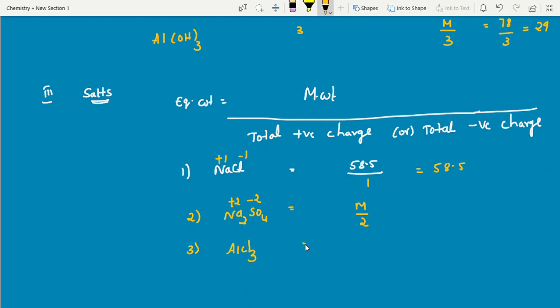Can you tell what is the answer? M by 3. That's it, students. Easily you can work out the questions. Okay. Now sodium phosphate, Na3PO4. Can you tell what is the N factor? Yes, M by 3. That's it. Next, one more example, last example, iron oxide. This is M by 2.